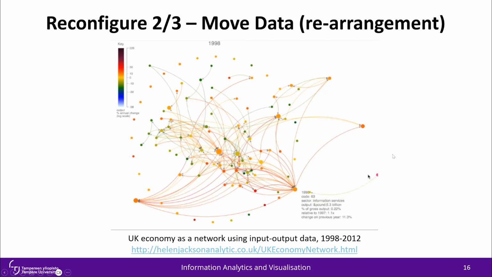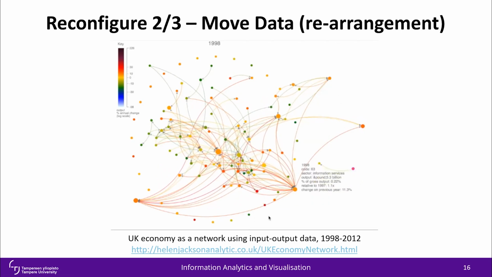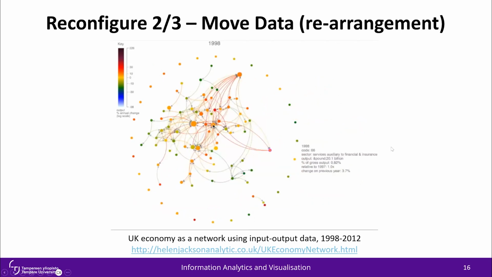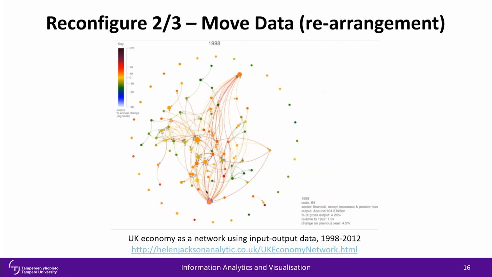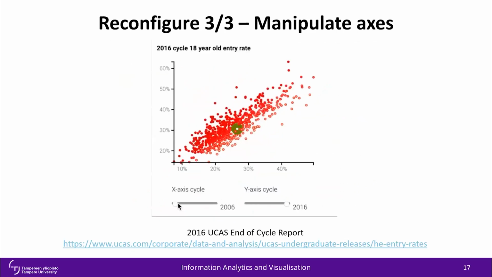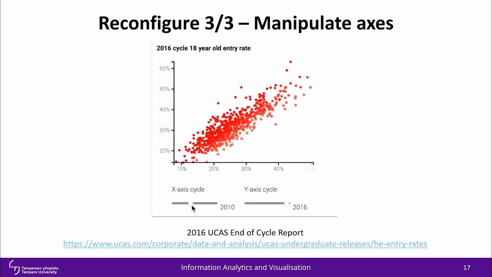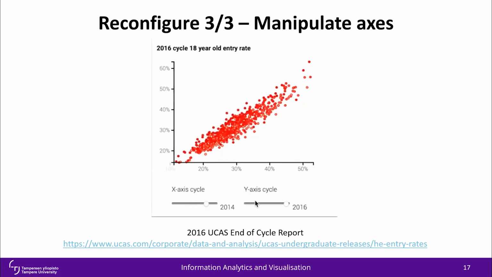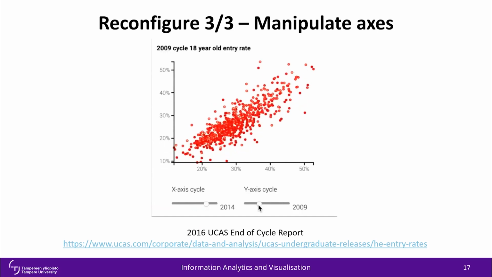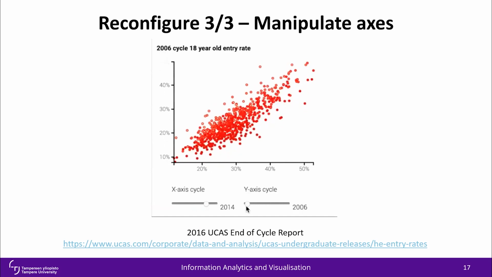There's this extra visualization that might easily be part of it. Then a very simple way is to allow manipulation of axes in this kind of two-dimensional visualization. So here we are talking about years, and now the data changes. Very good for understanding what is in the data items.